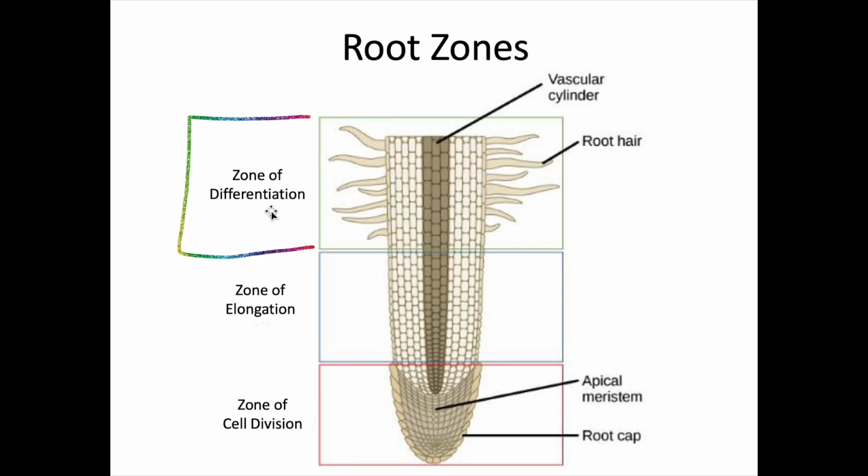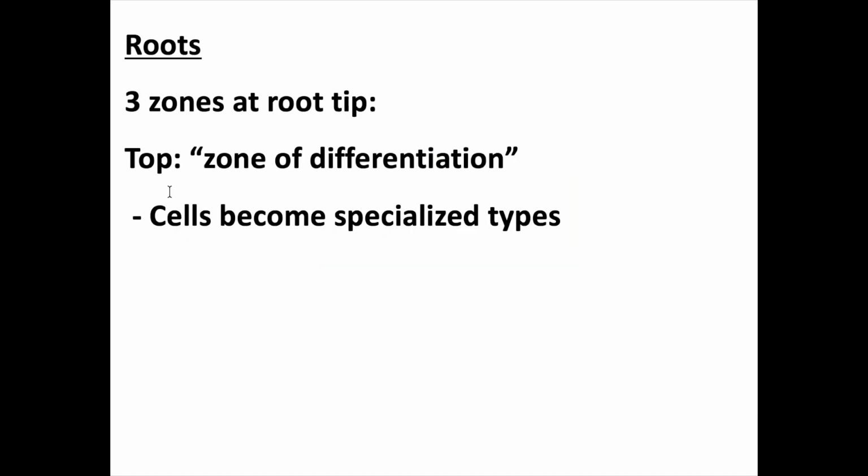These cells are going to differentiate into vascular tissue cells or ground tissue cells or dermal tissue cells and make these permanent decisions about what they're going to be at maturity. So at the top is this zone of differentiation where cells become specialized types.